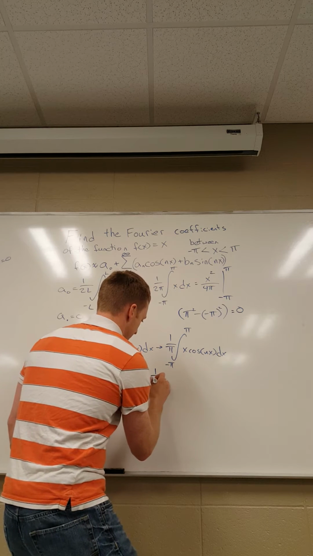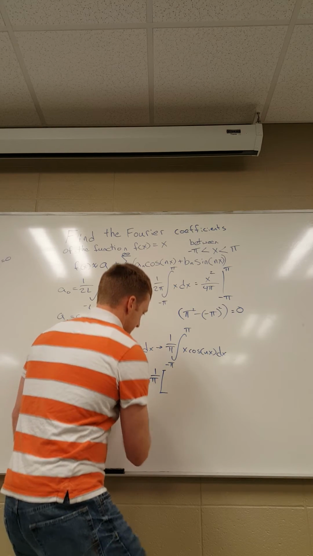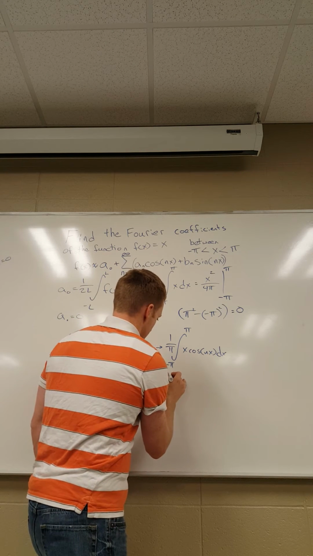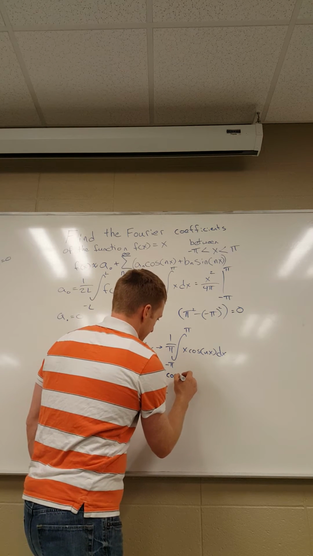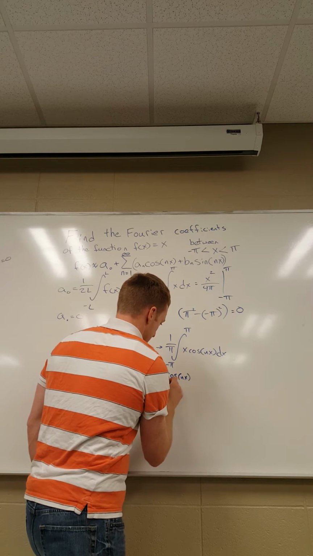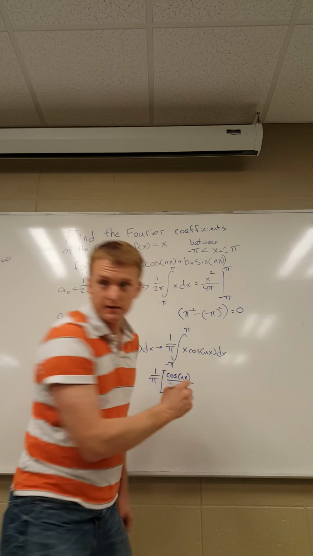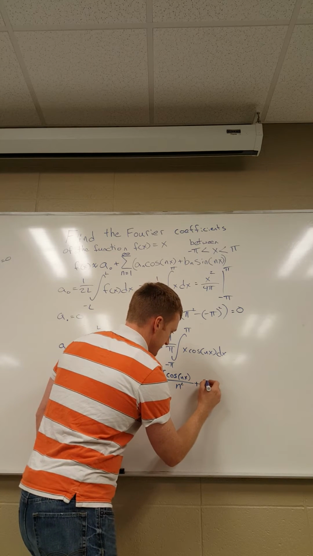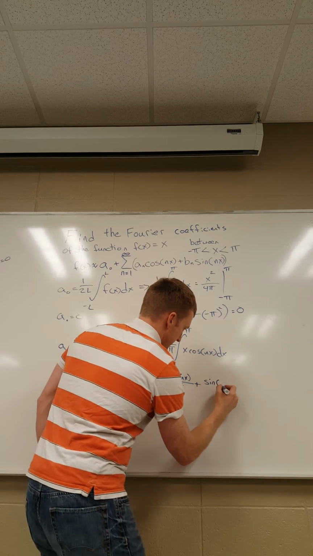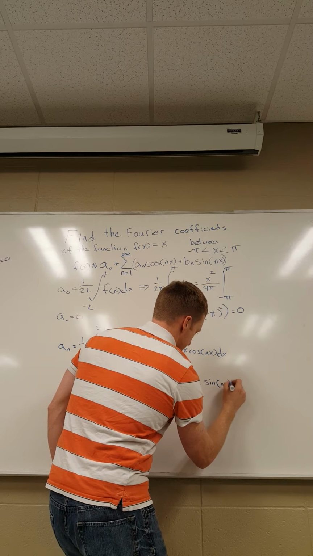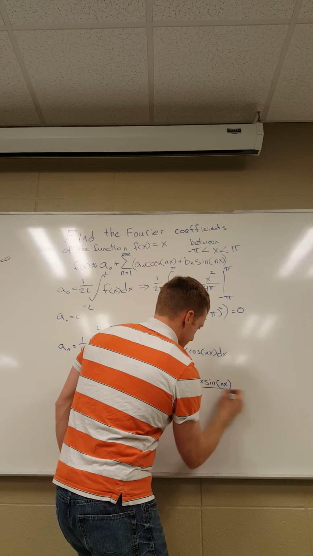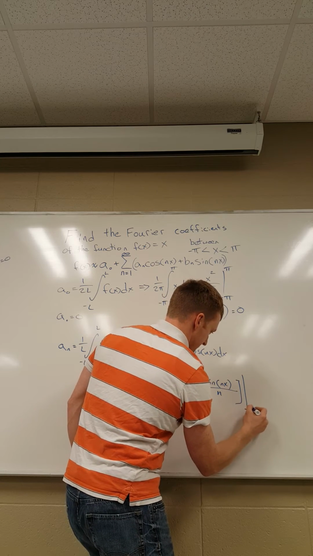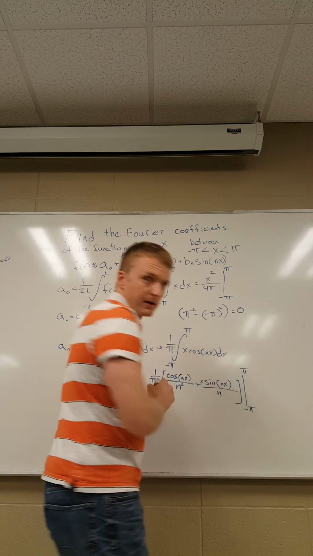1 over pi times cosine nx over n squared plus sine nx times x over n, between negative pi and pi.